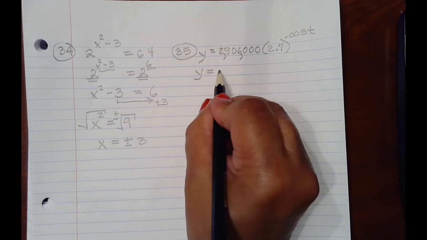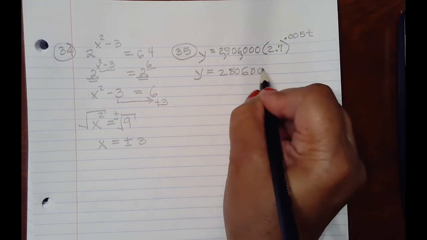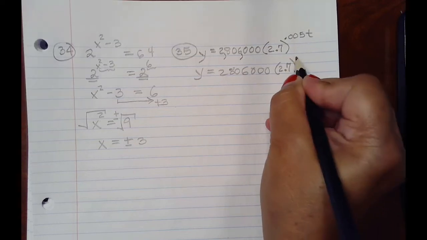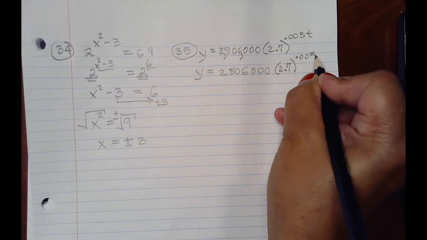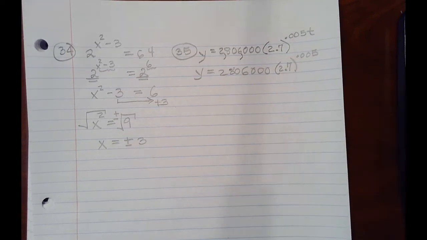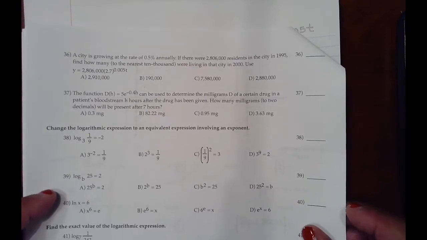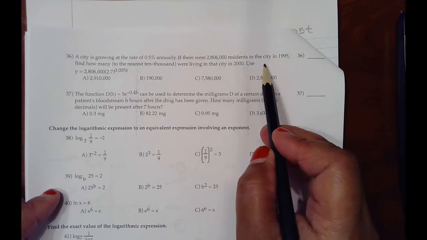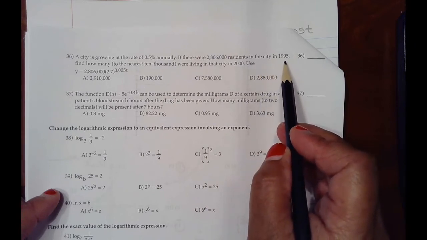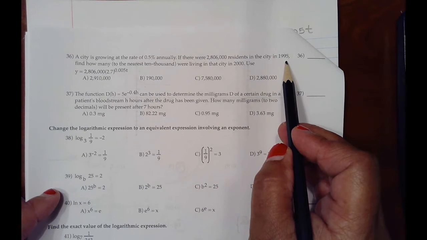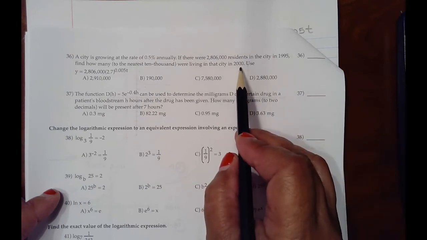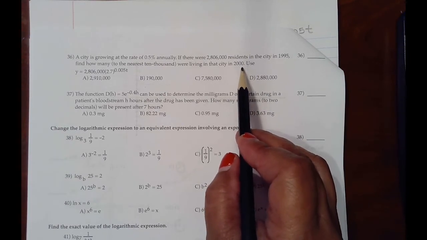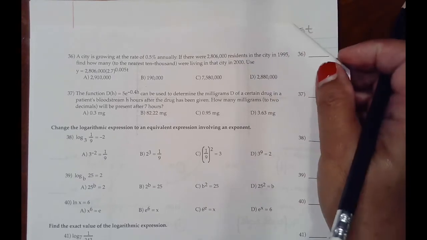All right, so if we start plugging in here, it would be 2.7. This would just be 0.005. And the amount of time here, well, it says in this problem there was this many residents in the city in 1995, and they're asking us how many there would be in the year 2000. 96, 97, 98, 99, 2000, 5 years, or just subtract it and just do it in your head.